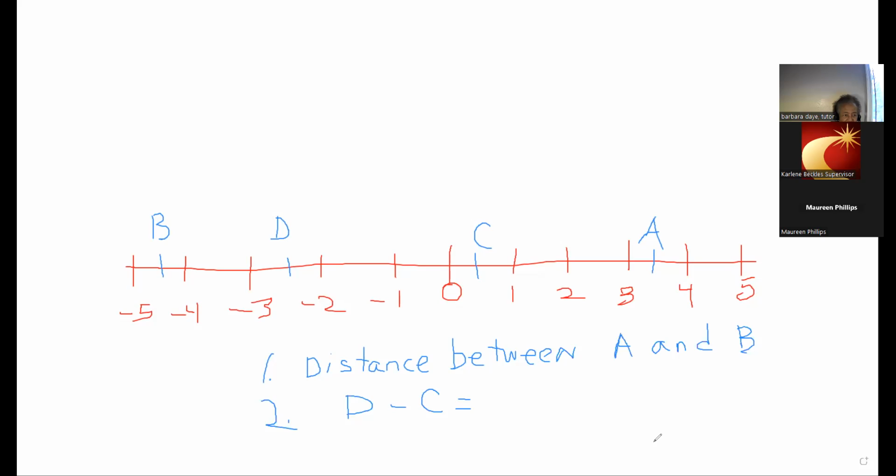And then the D minus C. So these little blue marks got the halves, right? That's right. They are halves. So let's see. This will be 3.5. This is 5.5.